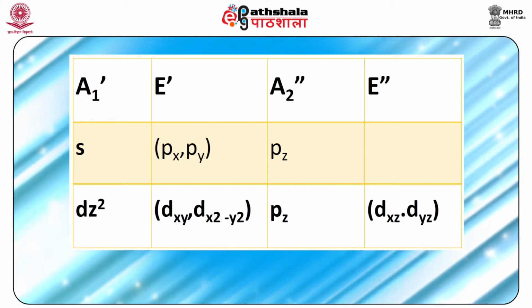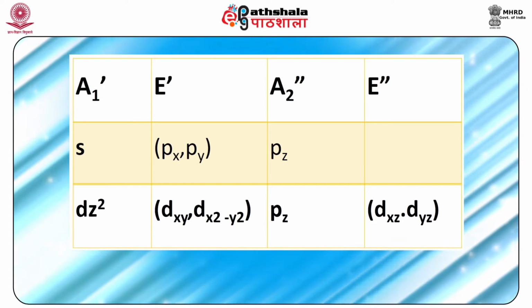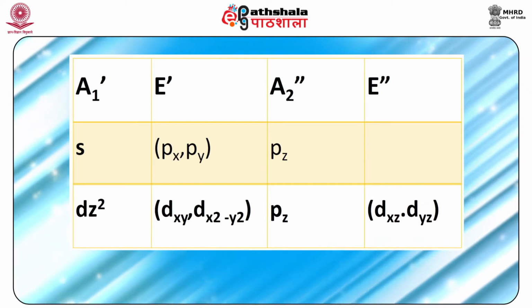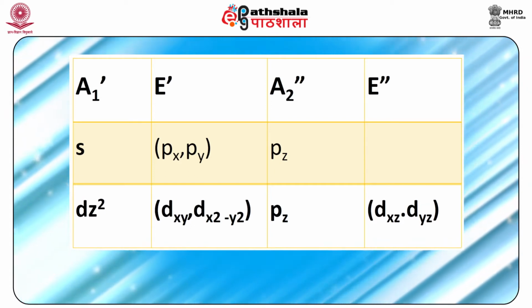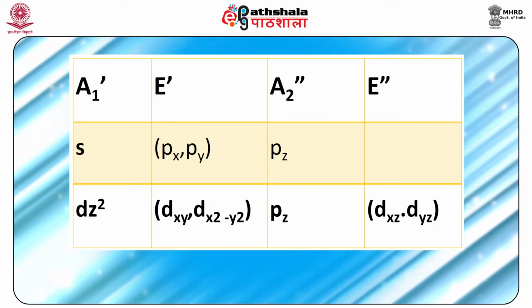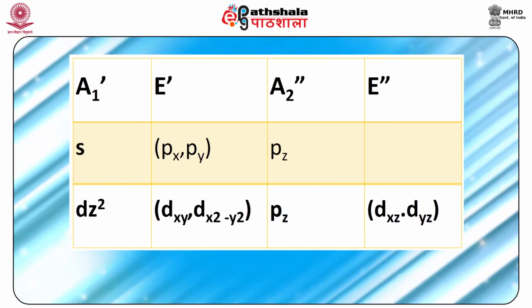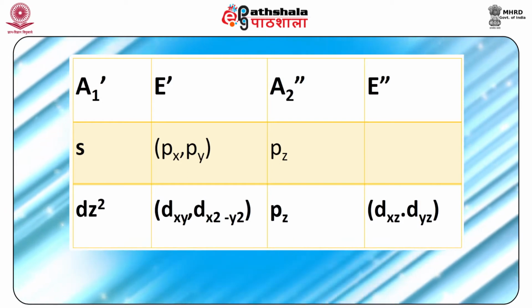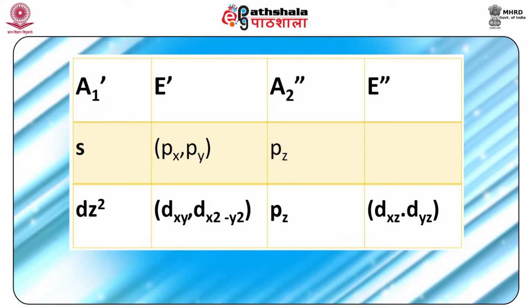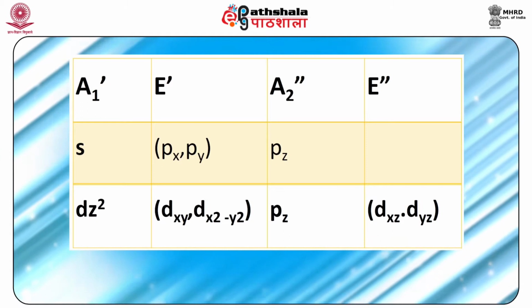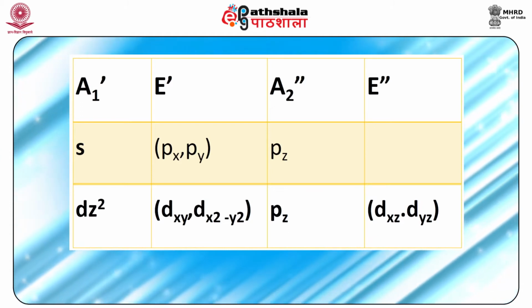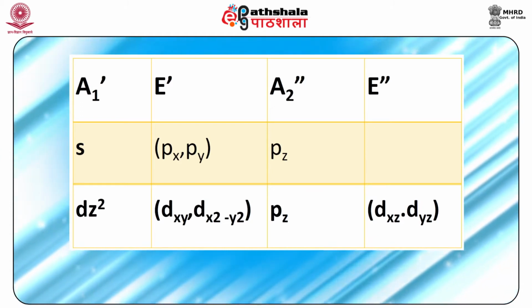For E' we have px, py or dxy, dx² minus y² as the basis. For the other two irreducible representations, A2'', we have pz as the orbital, and for E'' we have dxz or dyz.